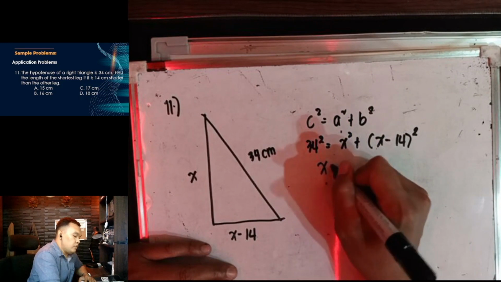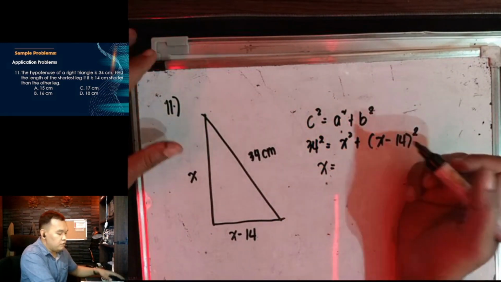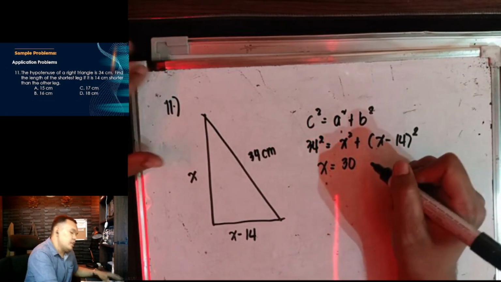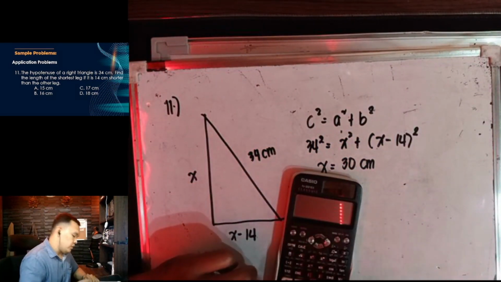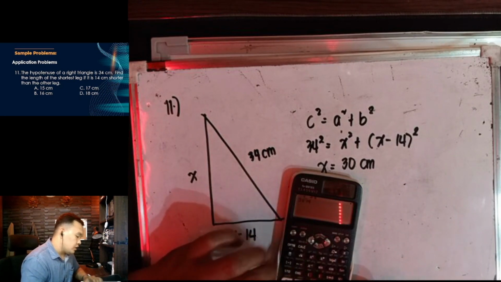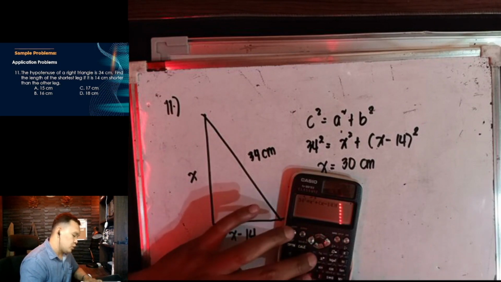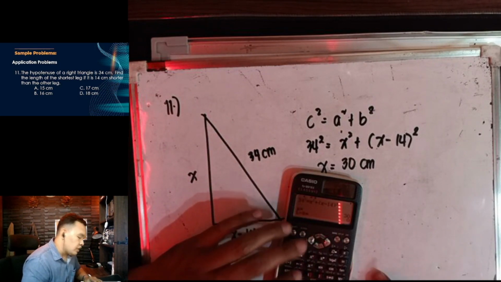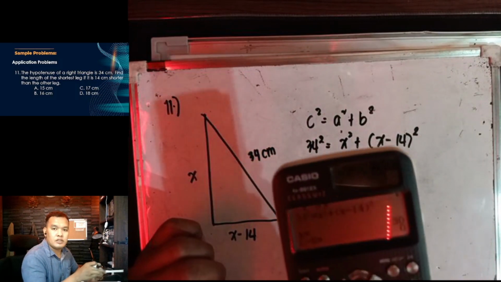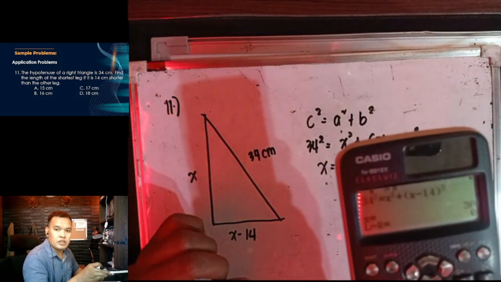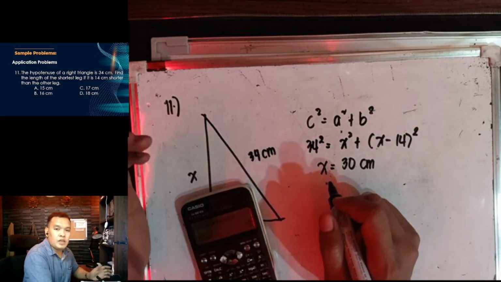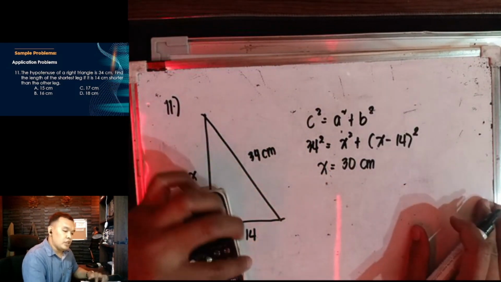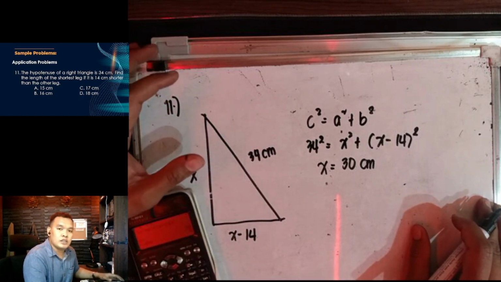Then, x is equivalent to shift solve. Ito sa calculator, we have here 34 squared, alpha x squared plus alpha x minus 14 squared. So, we could have the value of x is 30. So we have here x is 30 centimeters, pero ang pinapahanap ko is the value ng shortest leg daw.